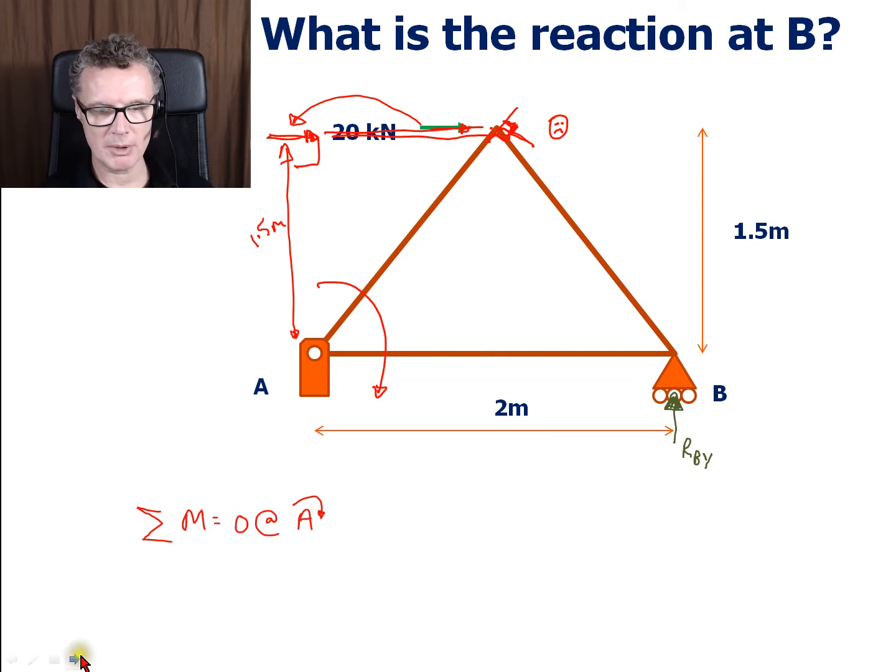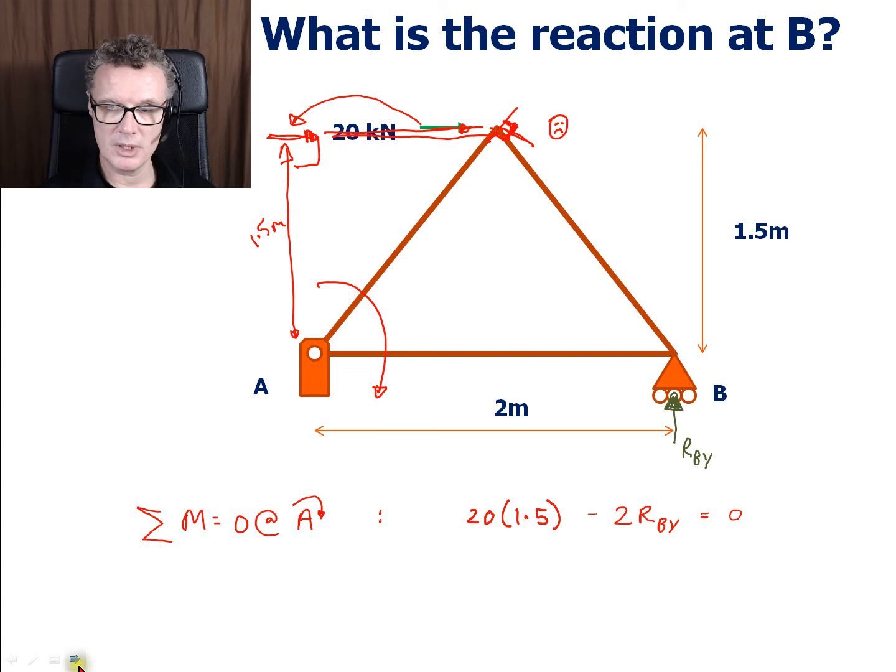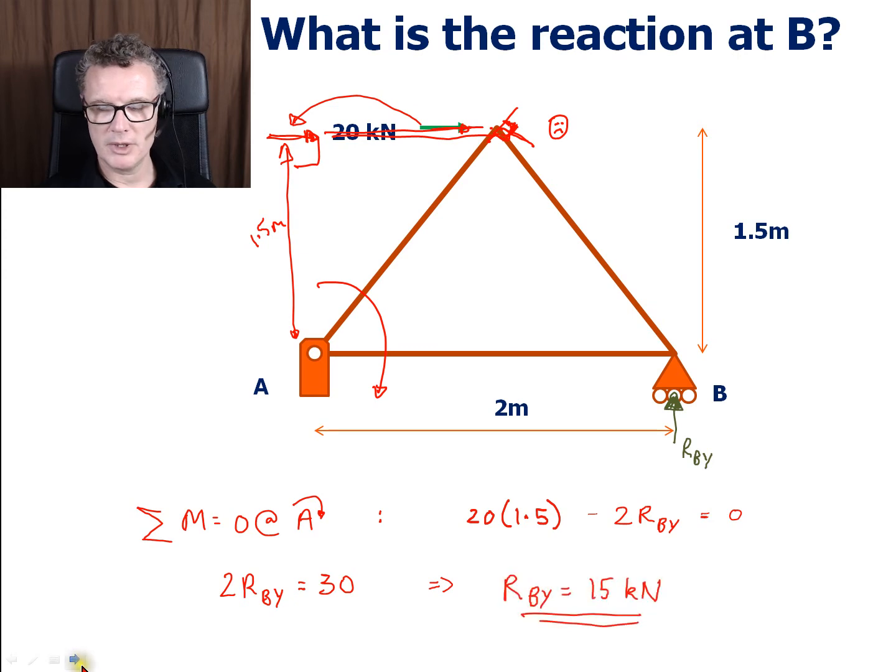So when we take moments about A, we're going to get 20 times 1.5, and then we'll measure how far it is away from RBY, and see that's 2 meters away, so that's going to go in the opposite direction, so minus 2 RBY. So some simple maths here, and that gives me that RBY is 15 kilonewtons, and the majority of people got that. Okay, that's good.